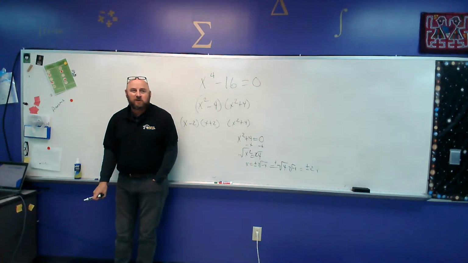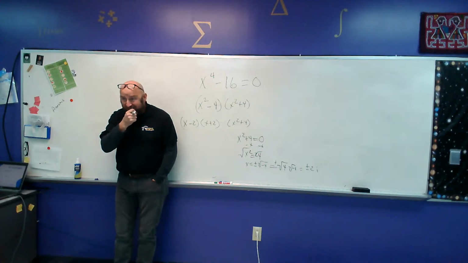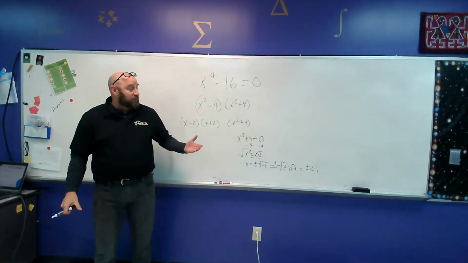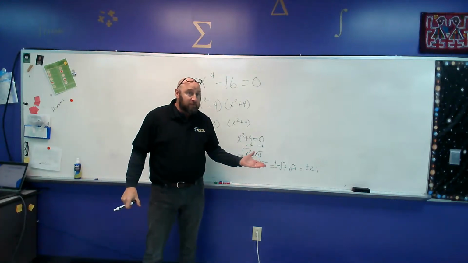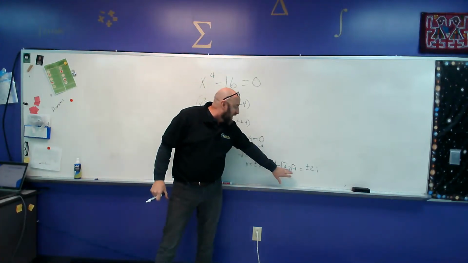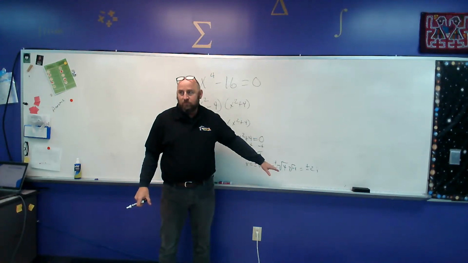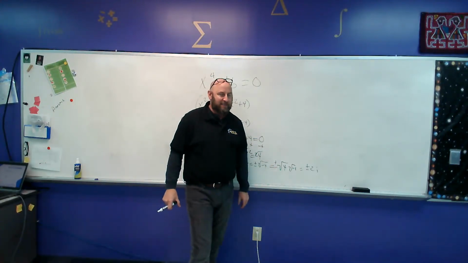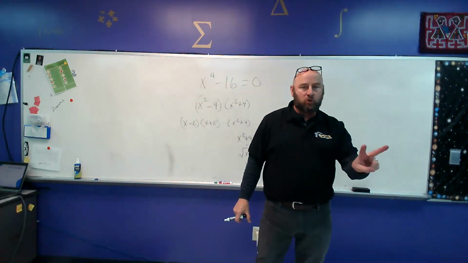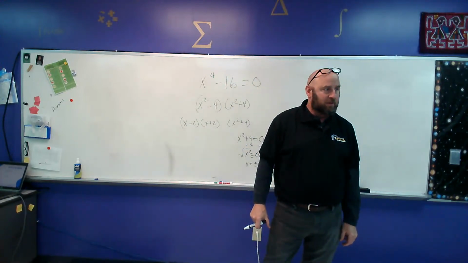So here's what you're going to find out. You know when you do the quadratic, you always end up with two solutions because of the plus or minus. Well, because there's a square root. The only time you need the complex number is when there's a square root. So there will always be two complex solutions.